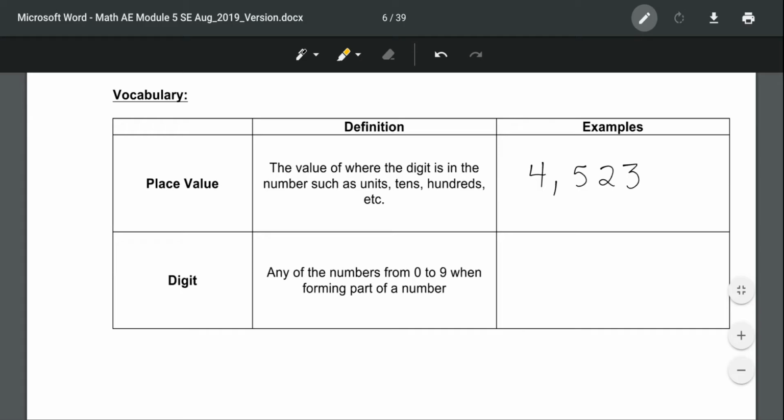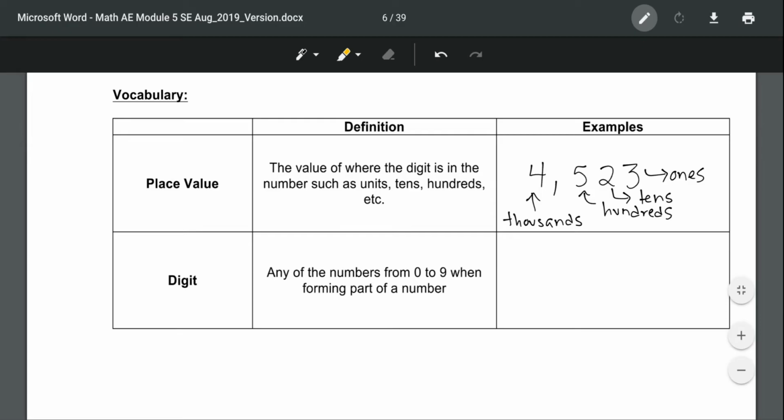So 4, for example, would be in the thousands place. 5 would be in the hundreds place. 2 would be in the tens place. And 3 would be in the ones place.